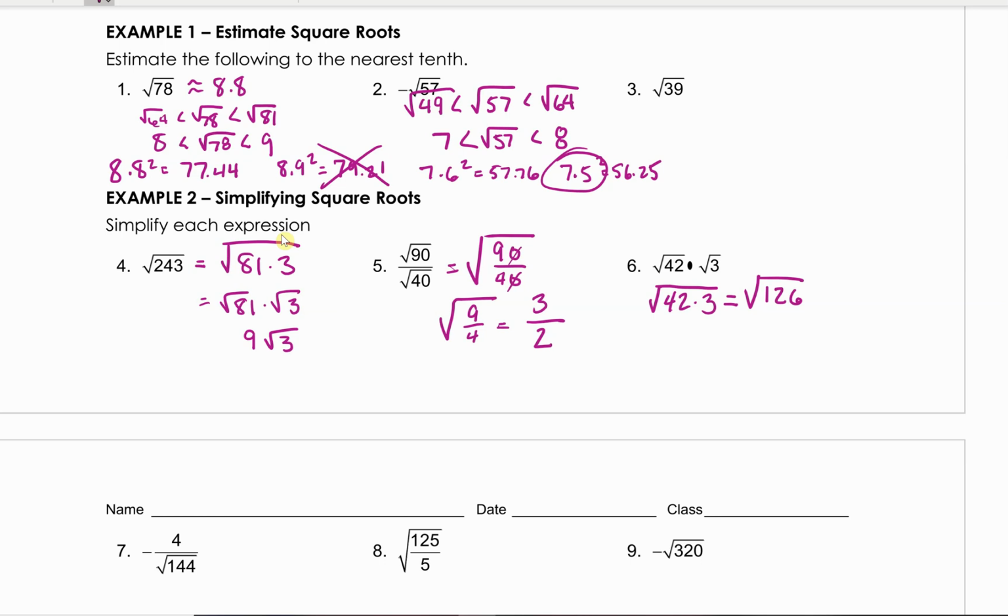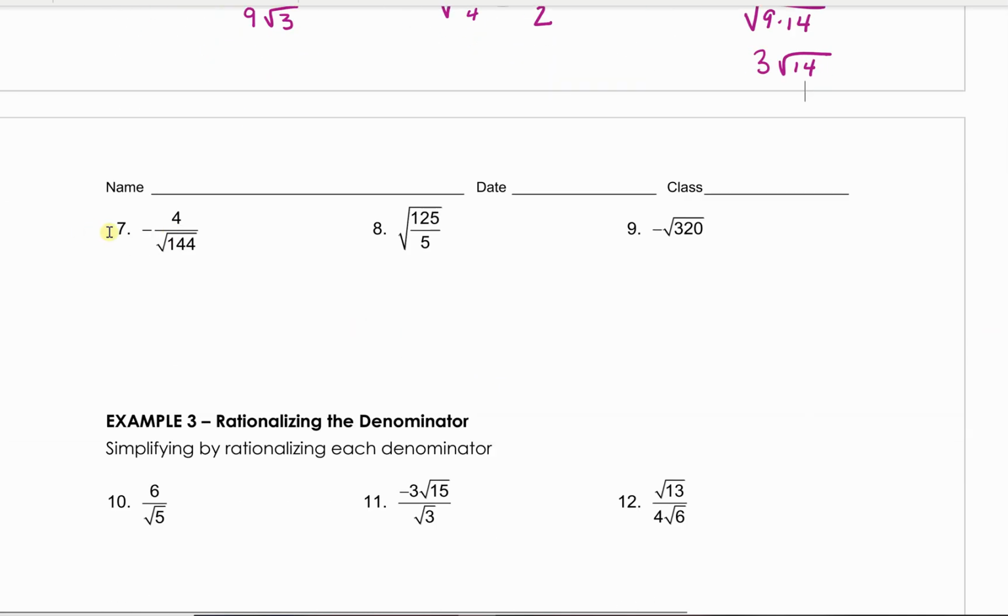Divided by 9. Nope. Oh, yeah. All right, so 9 times 14 is 126, so we get 3 square roots of 14. I don't know. That one was weird. Took a while too. Let's do some more.